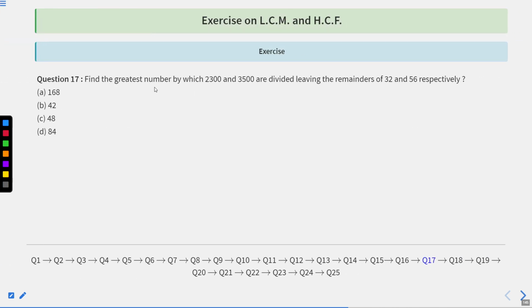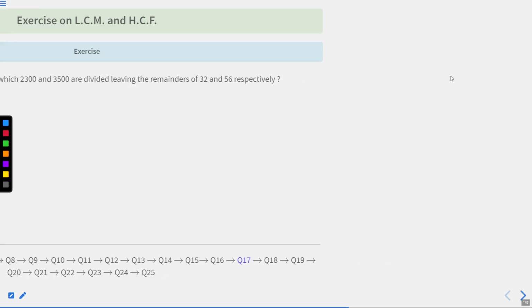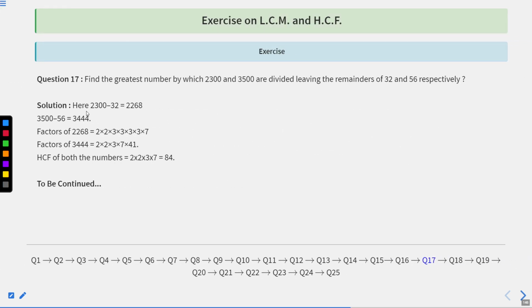Find the greatest number by which 2300 and 3500 are divided, leaving the remainders 32 and 56 respectively. 2300 minus 32 is equal to 2268, and 3500 minus 56 is equal to 3444. The factors of 2268 are 2 times 2, 3 four times and 7 one time.